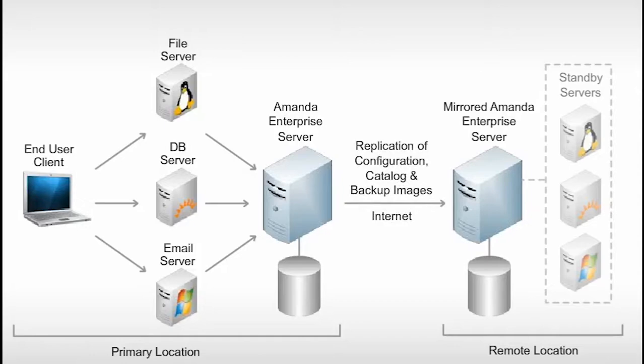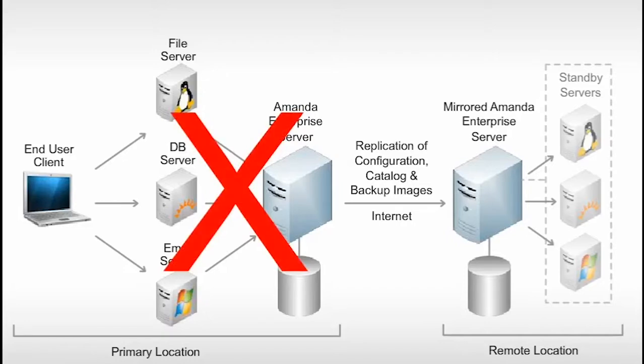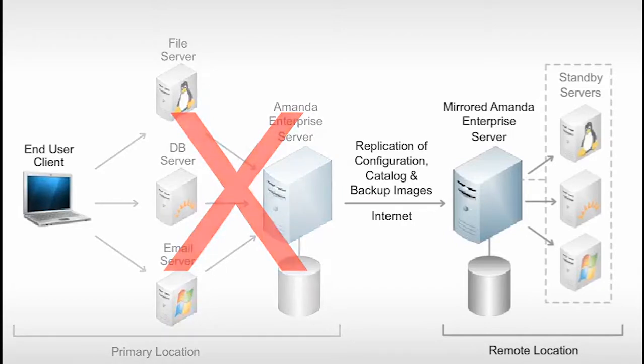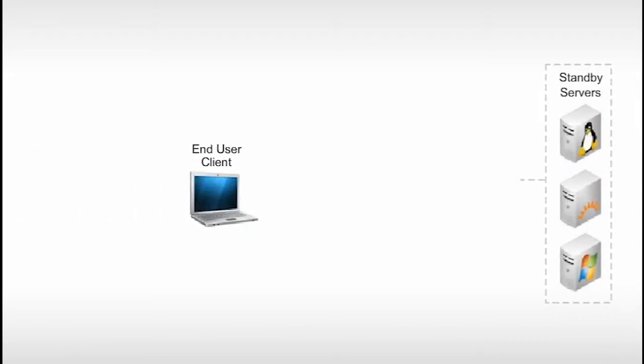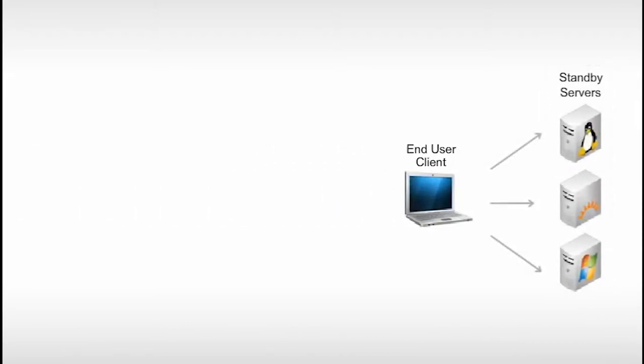These standby systems are updated to a state similar to your primary systems by periodically recovering them from the standby backup server. In case of a disaster on the primary site, you can do one final recovery, and from that point onwards, the standby systems can start answering the data and application needs of your users.